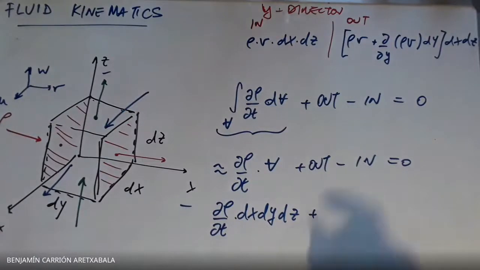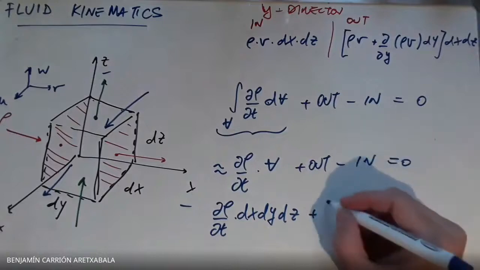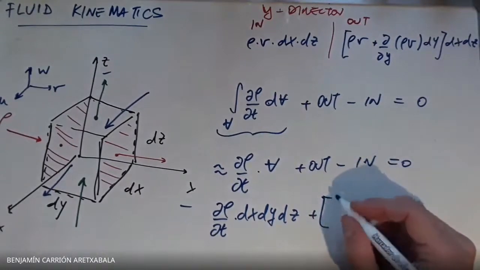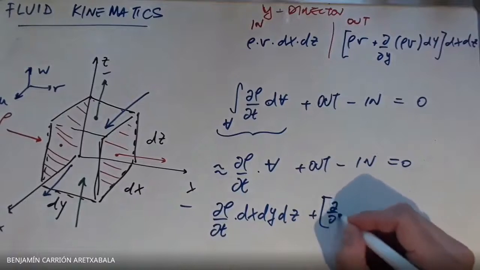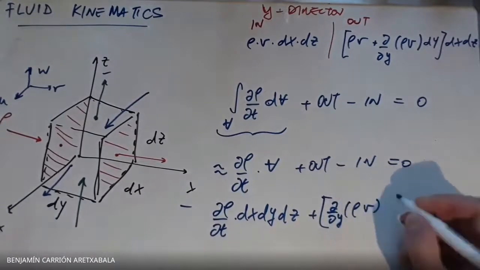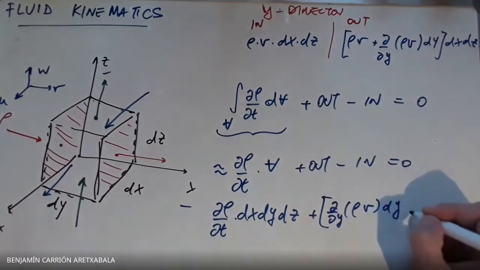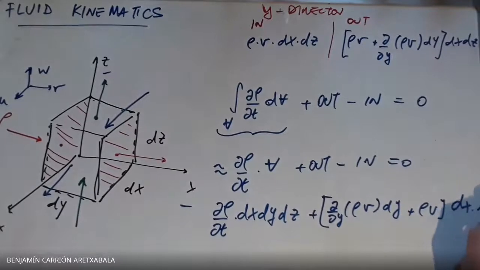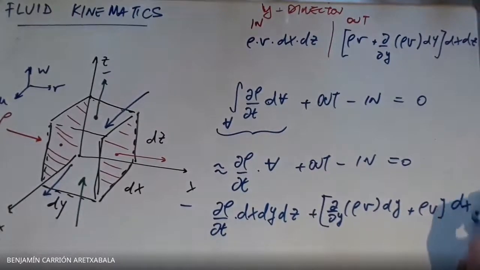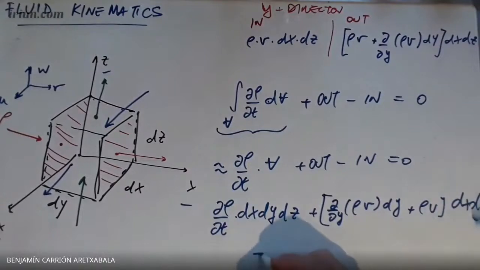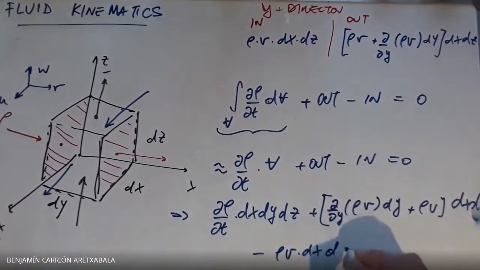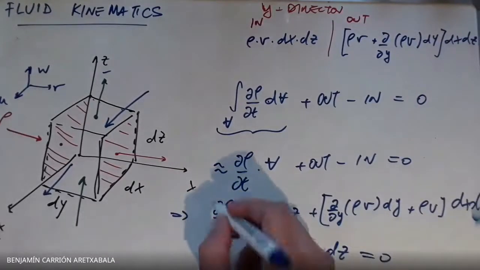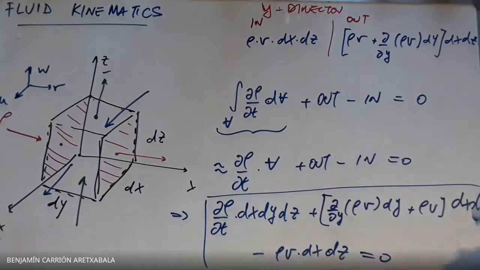Maybe I'm going to run out of space, but bear with me. It's going to be the derivative in y of rho v times dy, plus rho v times dx dz, minus rho v dx dz. This should be 0. Okay, this is the analysis on the y direction.